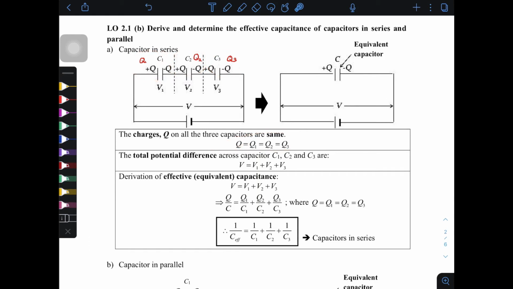Alright, so charge-nya sama, but the potential different across capacitor, dekat C1 akan ada V1, V2 dan V3, dia tak sama, tetapi dia ialah hasil tambah dan nilainya sama dengan nilai bateri dekat sini. So supply voltage, this is the supply voltage, V yang kita bagi, nilai dia sama dengan hasil tambah 1, 2 dan 3. Right? So dia hasil tambah.